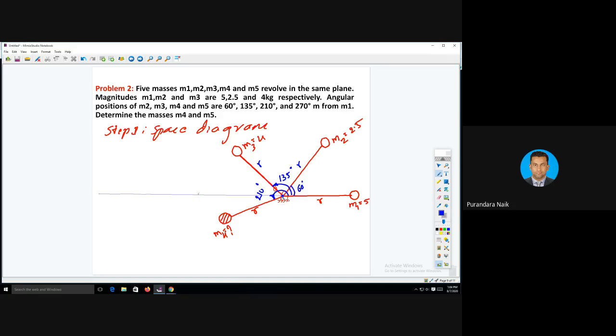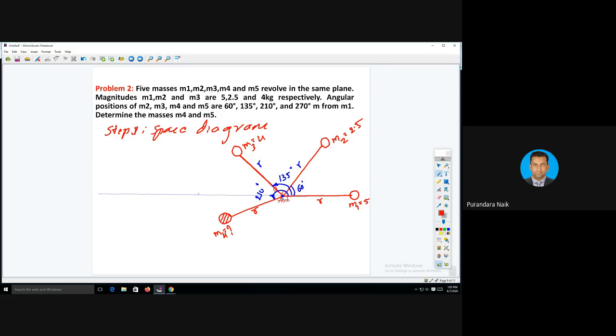So the next thing is M5. M5 also, we know the angle, but we don't know the magnitude. Angle is 270. 270 means 210 plus 60 degree. 60 degree means, I think it is exactly vertical. 270 is the vertical line below, because 210 up to here, plus 60 degree.